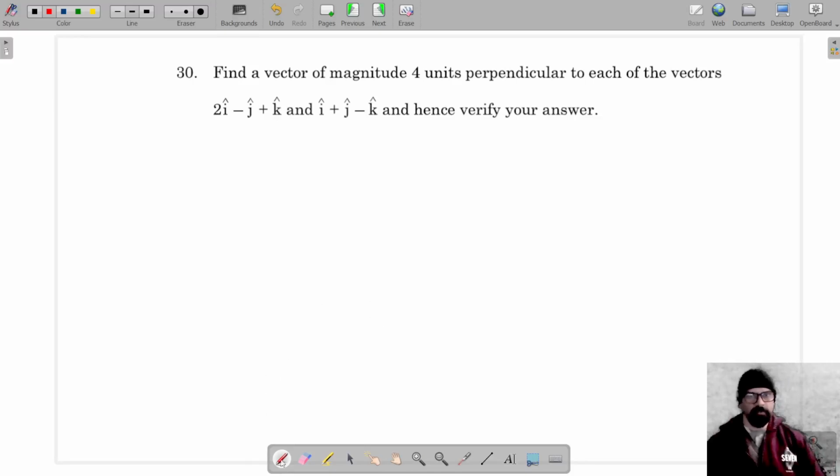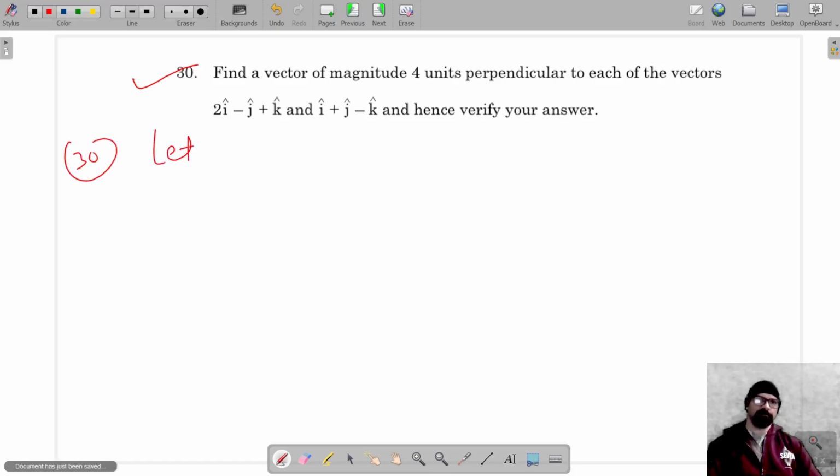Here for question number 30, we have to find a vector of magnitude 4 units perpendicular to each of the vectors. So this is question number 30, and let's say these are the vectors a and b. So let's say c vector is perpendicular to a vector.